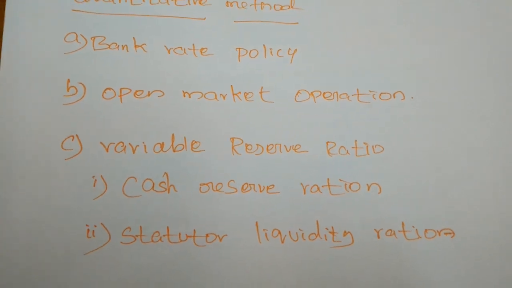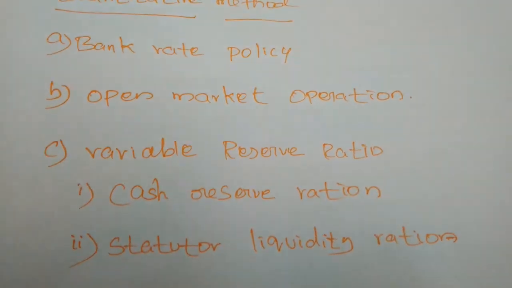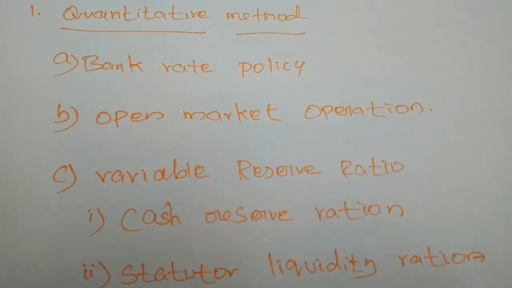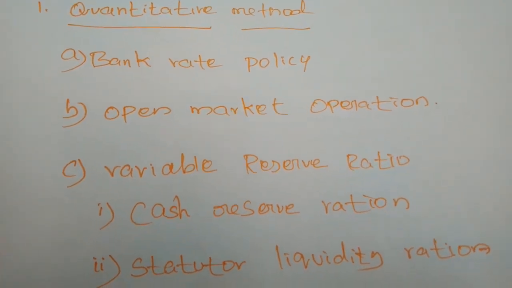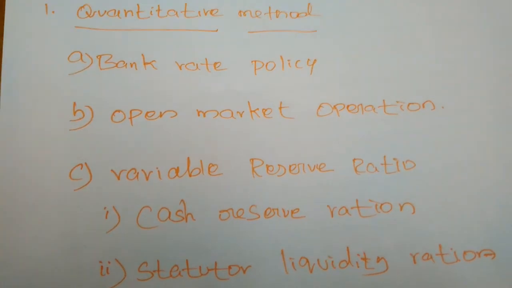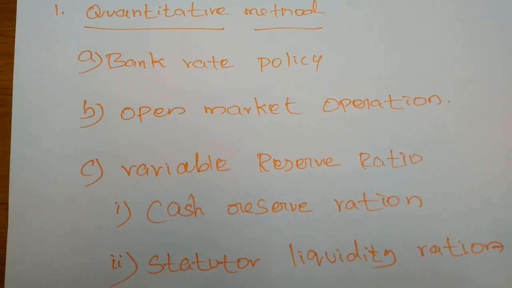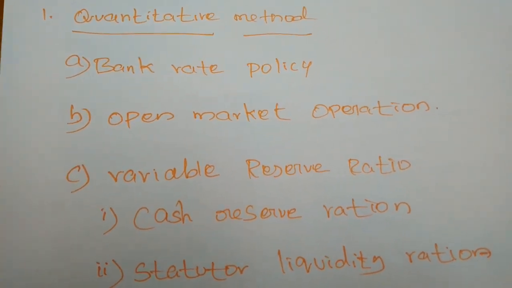If the Reserve Bank of India wants to reduce the credit, it will be doing the sales and purchase. The central bank purchases and sells not only government securities but also other eligible securities like bills and securities of private concerns.